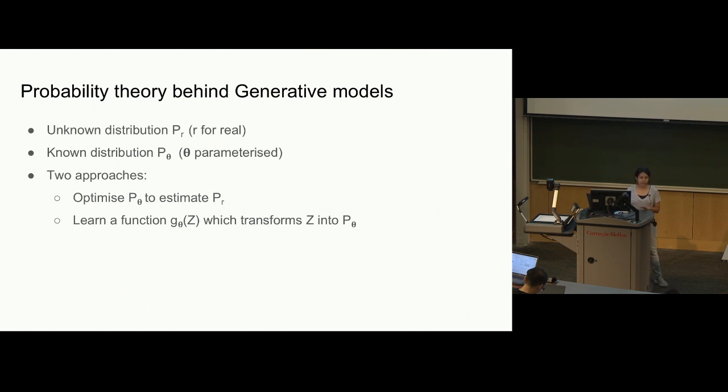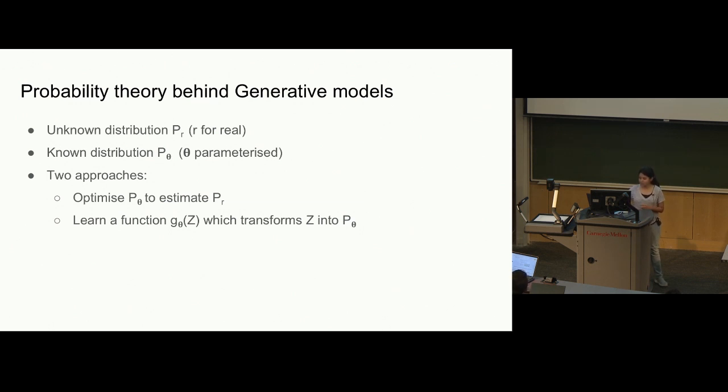So how do you do this transformation procedure from P_theta to P_R? There are two approaches for that. The first one is to assume that your P_theta is a differentiable distribution and differentiable function. That means that you're estimating it through a probability density function.